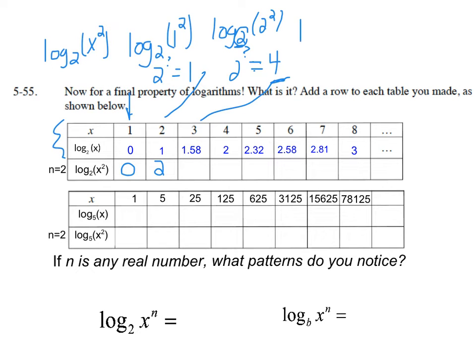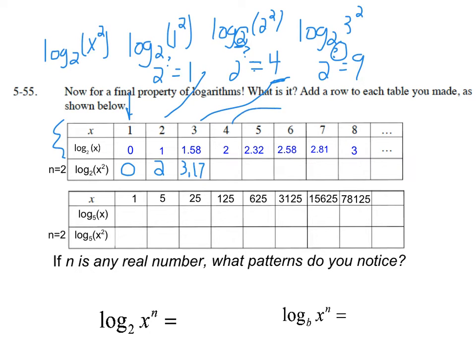Log base 2 of x is 3 squared. That means 2 to what power is going to equal 9? And that exponent then is going to be 3.17 or 3.169.